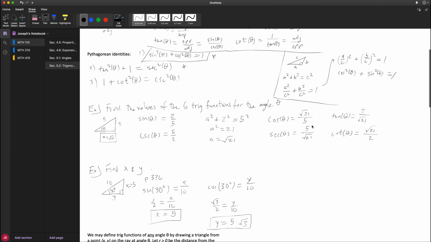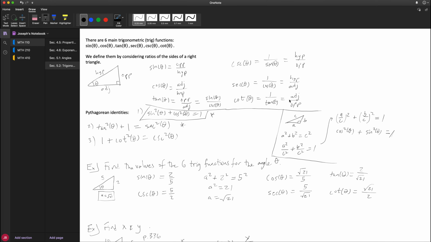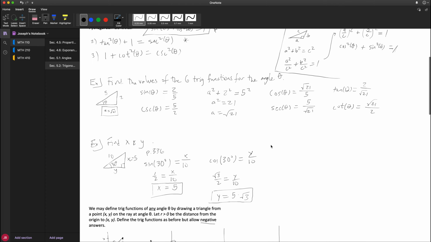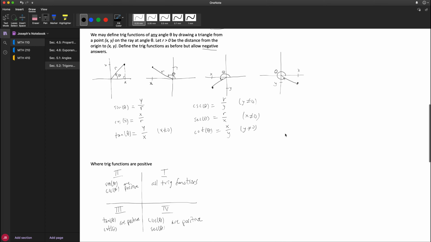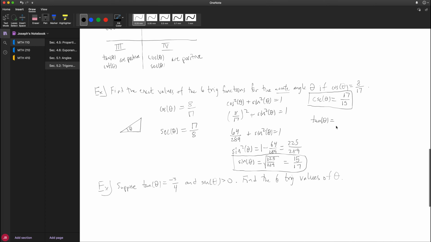It was defined to be the sine of theta divided by the cosine of theta. That's one of our basic trig properties. So the sine of theta is 15 over 17 divided by 8 over 17. And if you simplify this, that's the same as flipping and multiplying the bottom. And so you get 15 over 8.